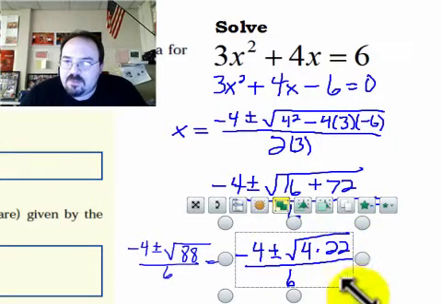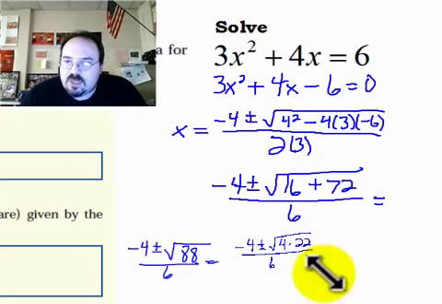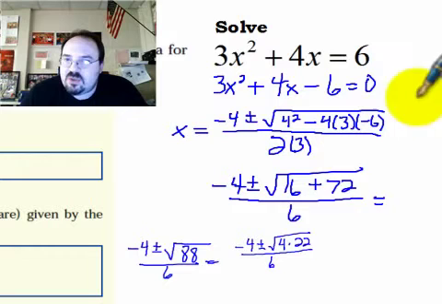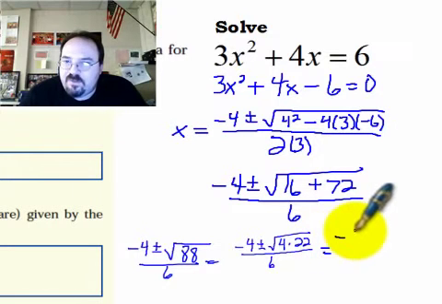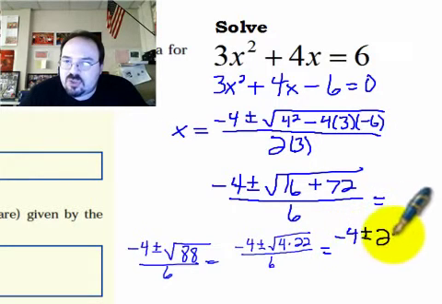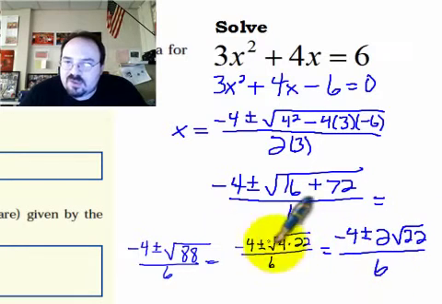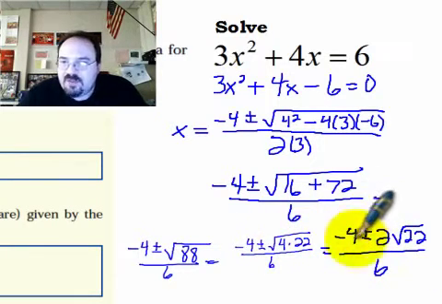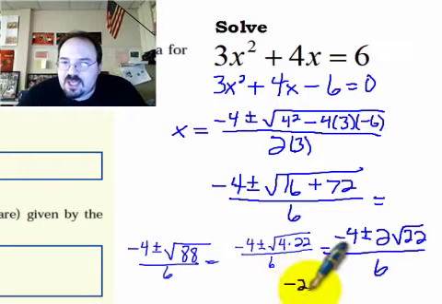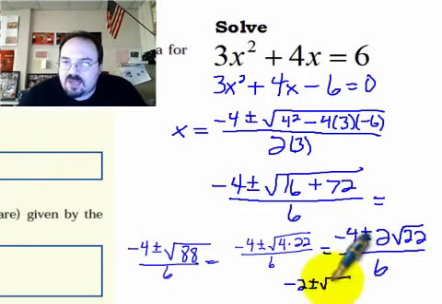So I do that. And when I do that, I get negative 4 plus or minus 2 root 22 over 6. I just square rooted the 4 and brought it out. And then if I divide everything by 2, I get negative 2 plus or minus root 22 over 3.